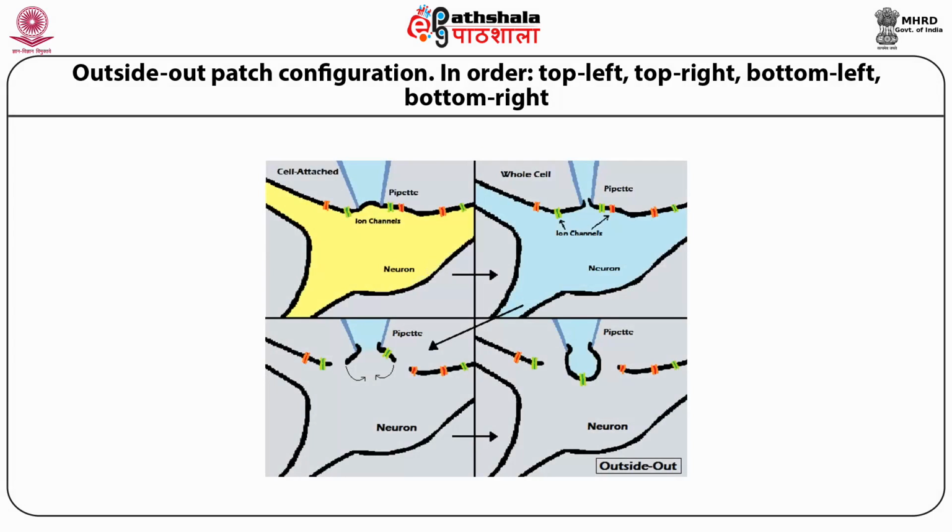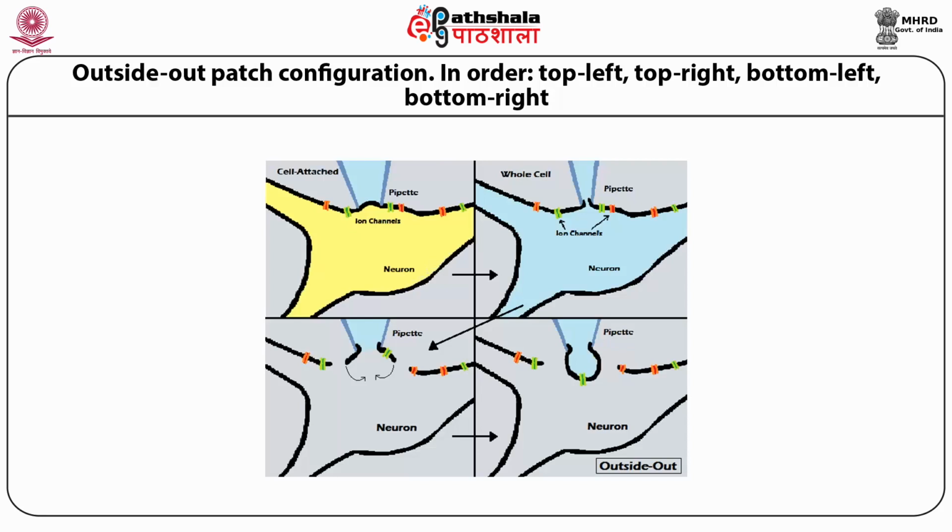Outside out patch configuration is the most difficult configuration of the patch clamp technique. To get an outside out patch, the membrane has to be sealed tightly. The fine glass tip approaches the cell membrane, and by applying gentle suction, the gigaohm seal can be formed.